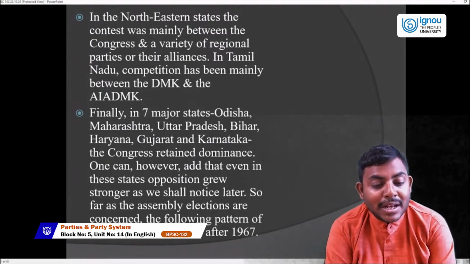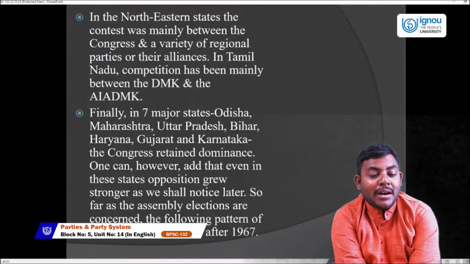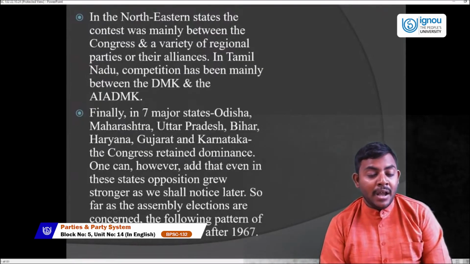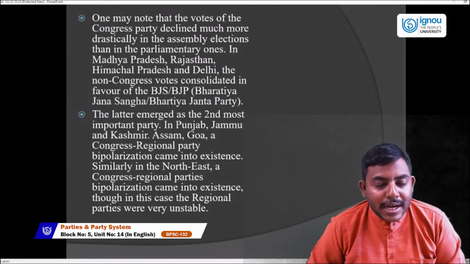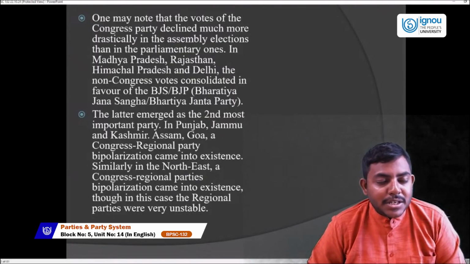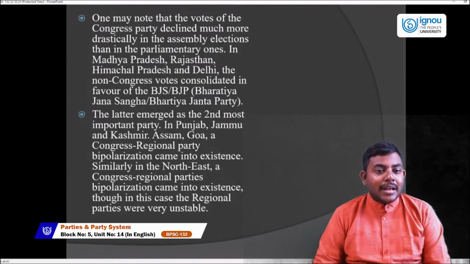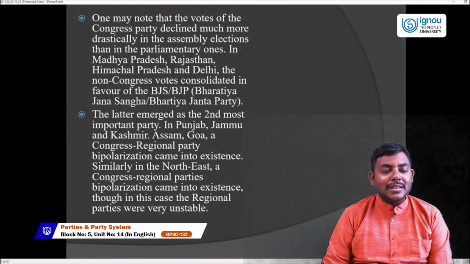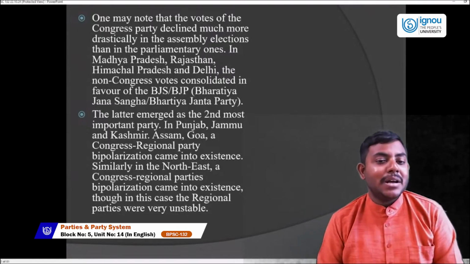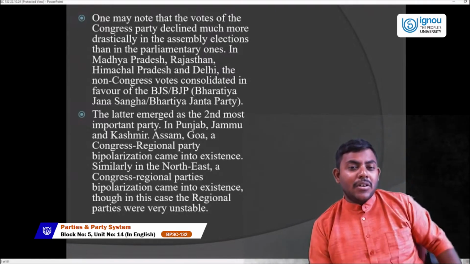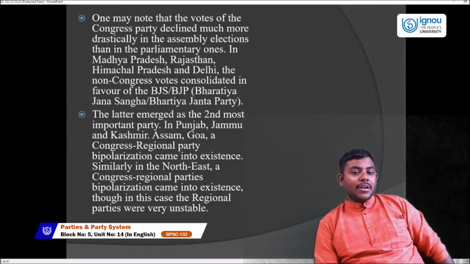So far as assembly elections are concerned, the following pattern of bipolarization emerged after 1967. One may note that the votes of the Congress party declined much more drastically in the assembly elections than in the parliamentary one. In Madhya Pradesh, Rajasthan, Himachal Pradesh and Delhi, the non-Congress votes consolidated in favor of Bharatiya Jana Sangh or Bharatiya Janata Party.